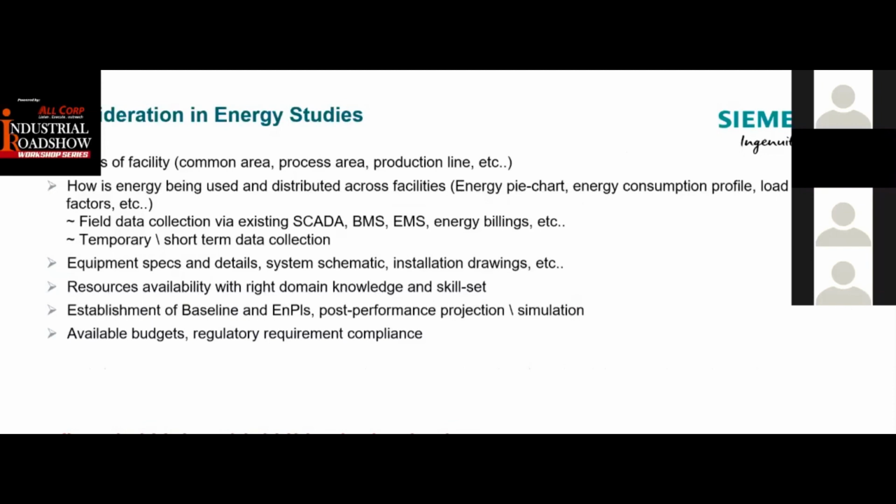For example, you can carry out an energy audit for a whole production plant or full facility, or you can carry it out only within your production line, in terms of the compressor system, or you also do it sometimes, like in Singapore or in this part of the region where we use a lot of air conditioning. So very commonly you will also see people conduct an audit purely on the chiller plant and how the chilled water system or the aircon system is being used and what the performance is.